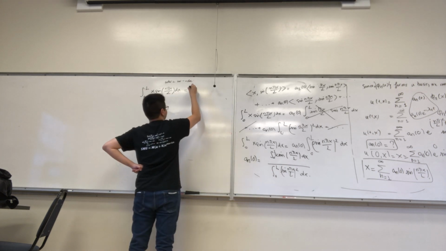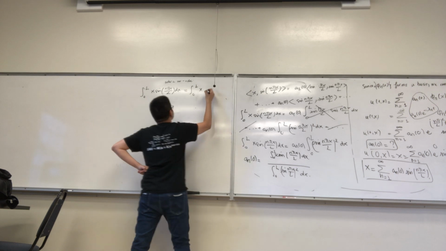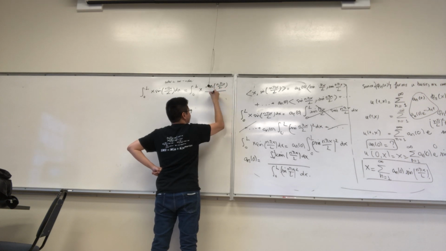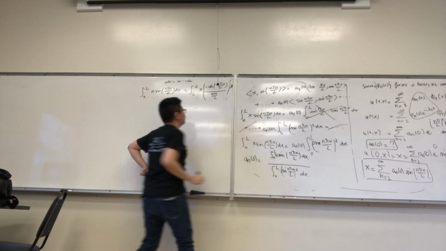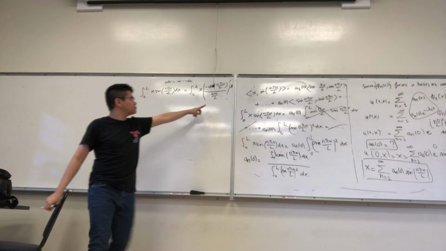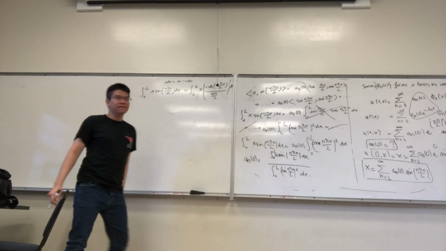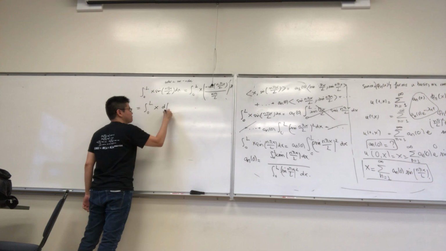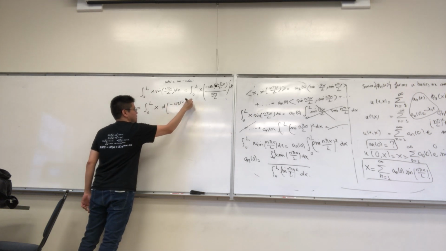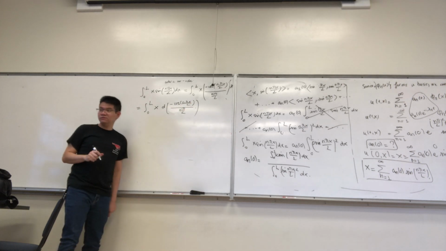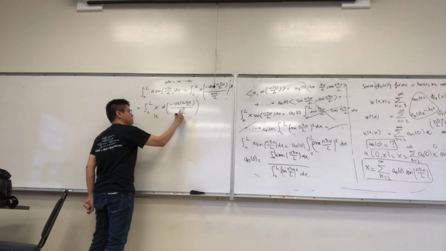In this case, I observe that sine is the derivative of minus cosine, but I have to divide by the factor n pi over L. So this gives me the integral from 0 to L of x d of minus cosine(n pi x over L) over n pi over L. Now this is u and this is dv. Questions?